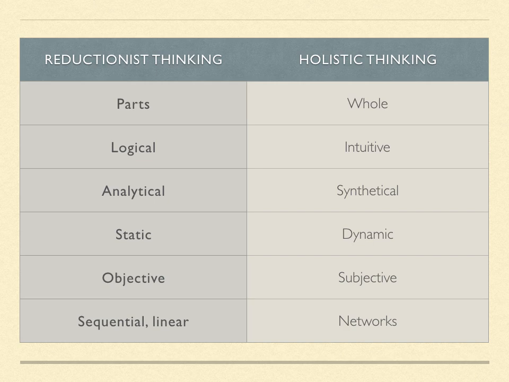In holistic thinking, we look at the whole, so it's a bit of a wider angle perspective. The reductionist way of thinking is also generally very logical and rational, whereas there is a bigger space for intuitive thinking in the holistic model.